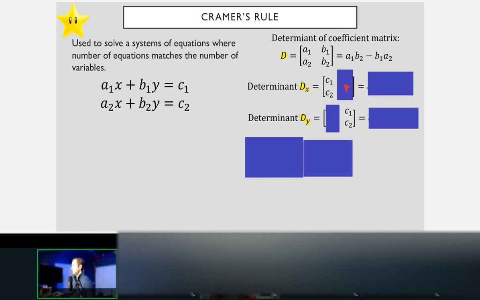Other than that, these are just going to be whatever you see here. This is still your y column, but because it's d sub x, we just put your y coefficients. And for d sub y, we only had to replace your y column with the constants. Your x column will still be the x coefficients.